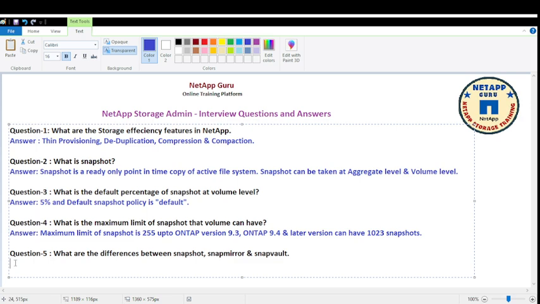okay, a snapshot is a local backup copy. This is a short time backup.